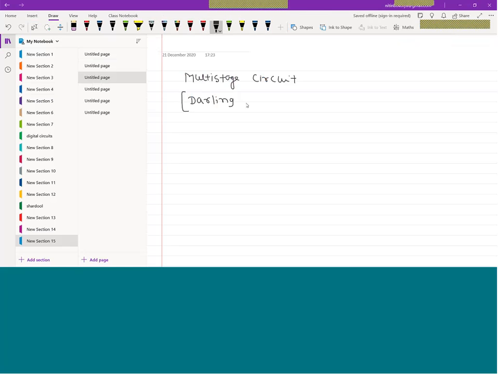The next circuit is known as Darlington pair. So what we can say in Darlington pair, the first stage is this.